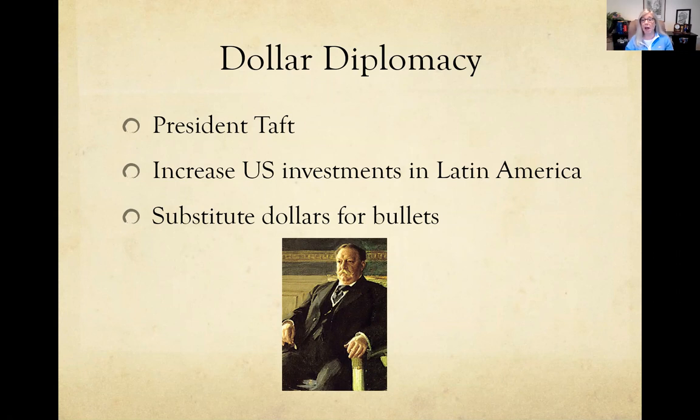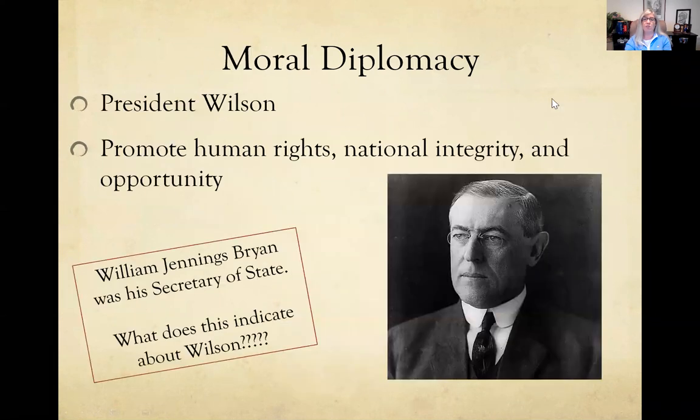So we call this dollar diplomacy, that if we open up banks in Latin America, if we have American businesses that open in Latin America, that financial control and financial influence in the region is going to make the United States powerful. So again, that's a different approach than we would have seen.